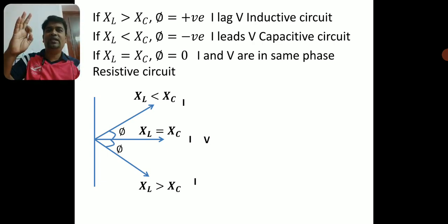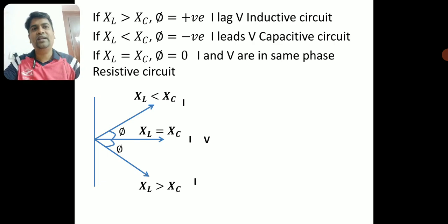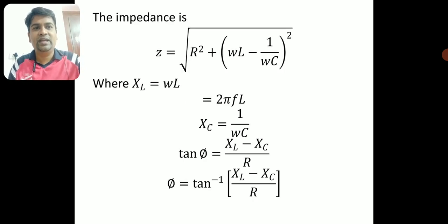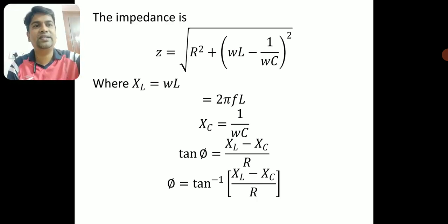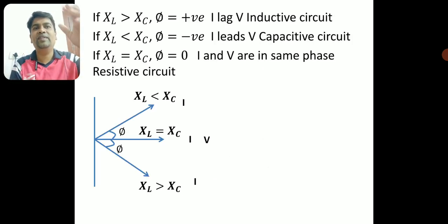So the first case, if the inductive reactance is greater than the capacitive reactance, if XL is greater than XC, then this phi will be positive. Look at this equation of phi, and phi is clearly positive. Phi is the phase between the current and voltage.